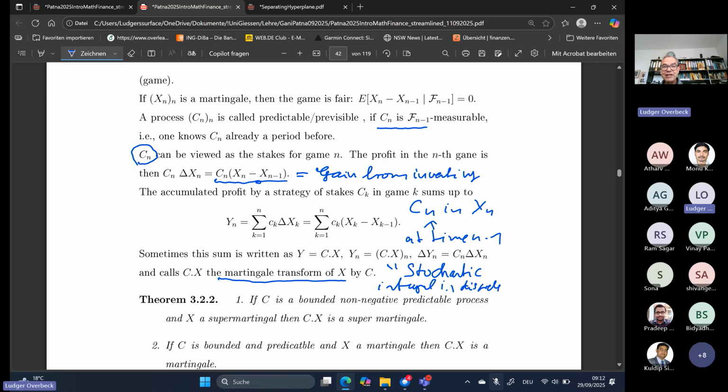So this means the gain of your entire strategy, always investing at time k, investing Ck, is this Yn. You just add up your profits and losses from your trading strategy.